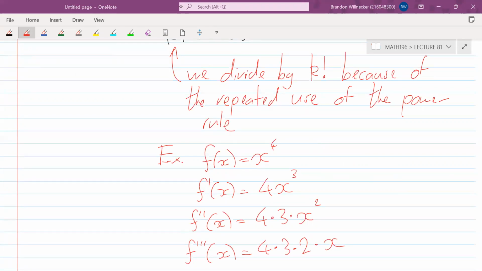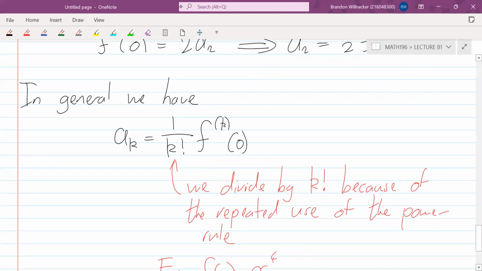So the repeated action of the power rule builds up this factorial in front of the expression. Okay, and then after k uses of the power rule, we end up with a k factorial in front of x to the k. Okay, so then that gives us a nice expression for finding the kth coefficient that we needed.